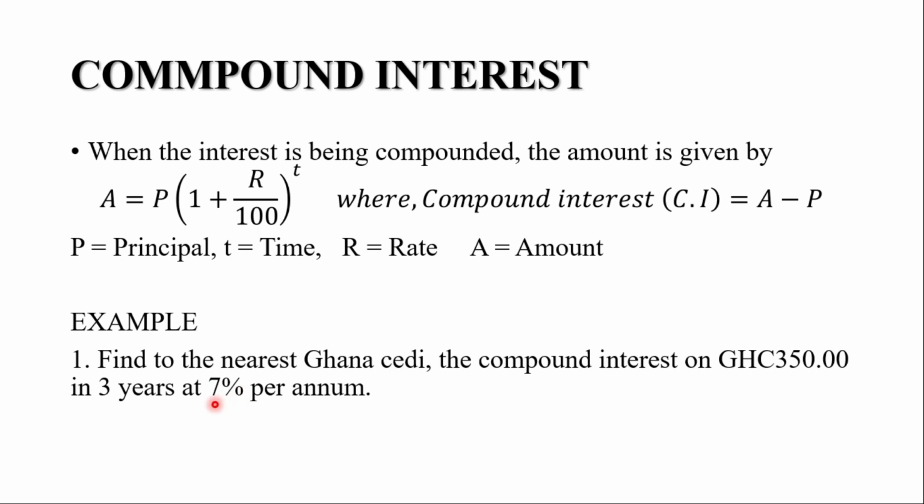So every year the rate of the interest is 7%. So you calculate the simple interest for 1 year, per annum. Then the next year, your interest is going to be added to your principal and reinvested again. So your principal is going to increase for the next year in that order.